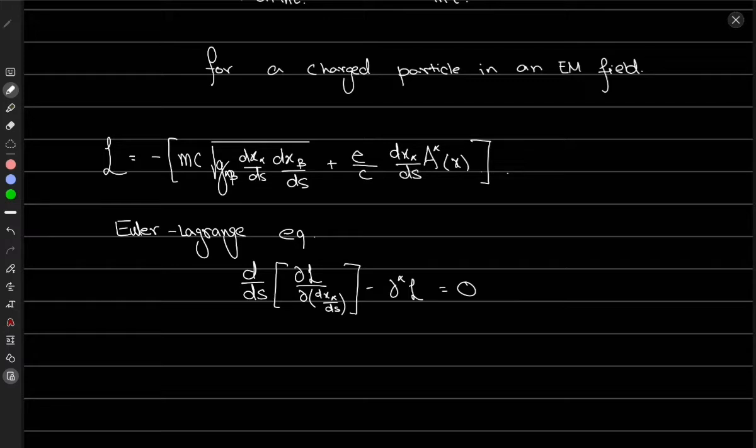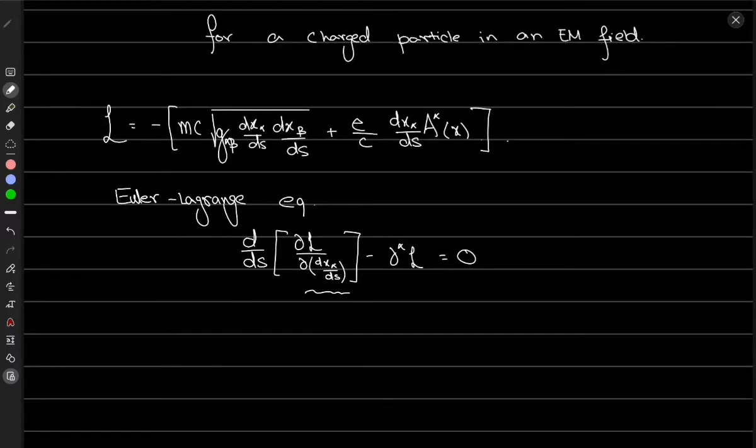This is the Euler-Lagrange equation, and the first term of this equation we have already worked out before, which is the non-interaction part. So I'll just call it L1, which is minus mc g alpha beta dx alpha over ds times dx beta over ds.